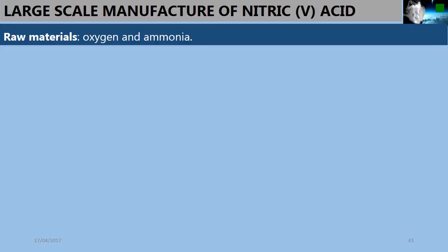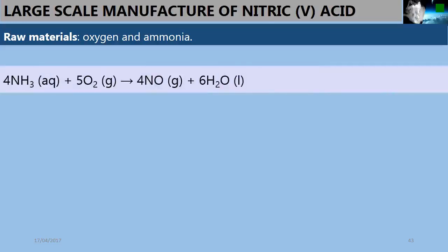To summarize the large-scale manufacture of nitric acid, we'll use some equations. The key equations: as the raw materials are oxygen and ammonia, ammonia is oxidized in the presence of platinum catalysts to give nitrogen 2 oxide and water.